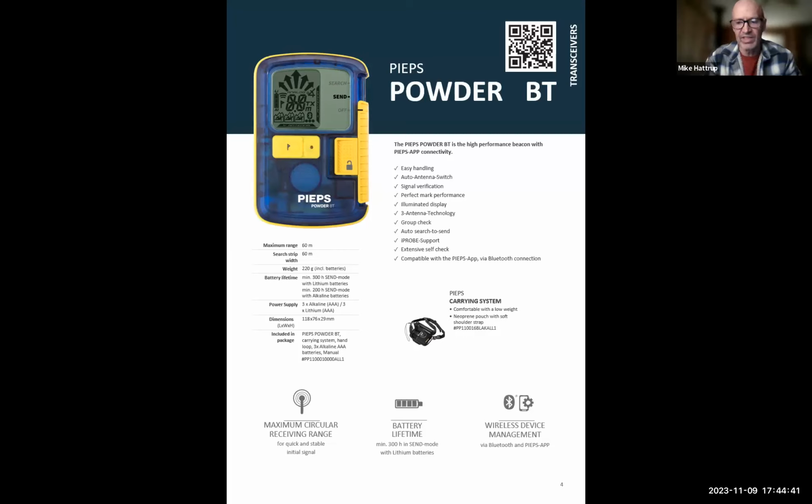For starters, 60 meter search strip width. And like Greg said, we also don't give a signal or a direction until we have a solid signal lock. This is one of the differences in Peeps, BD, and I think the other brands: we will wait until we get a third pulse before locking in on a signal.